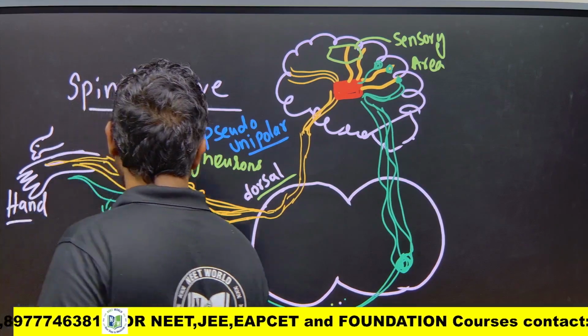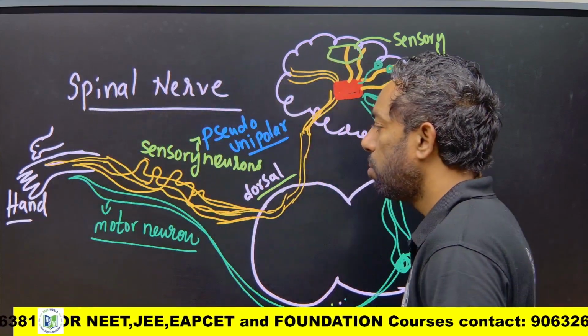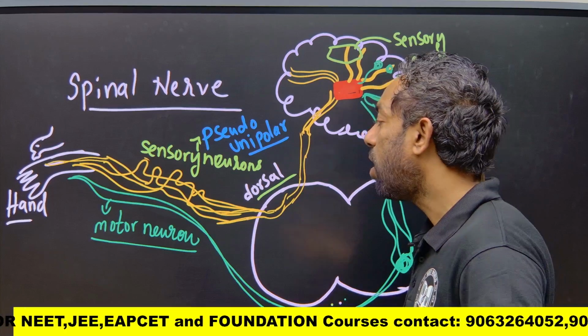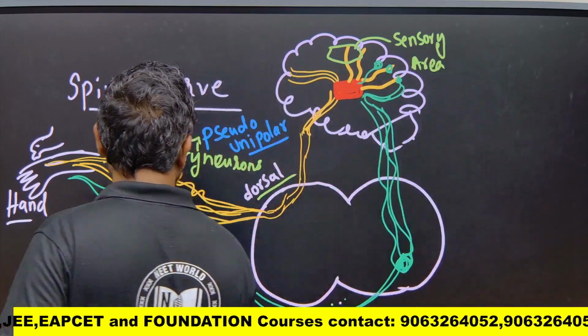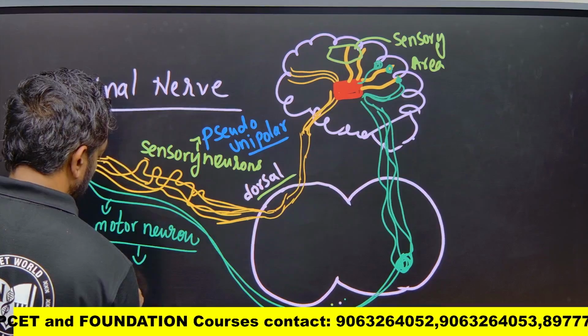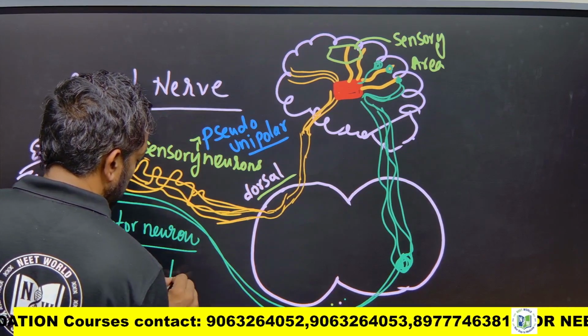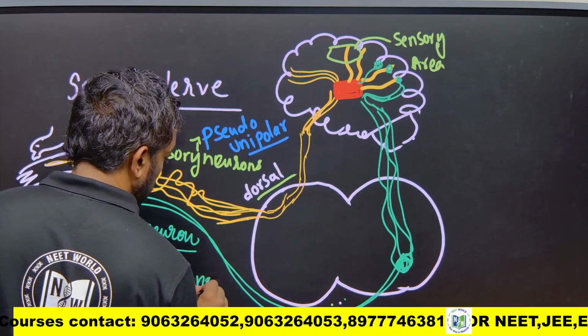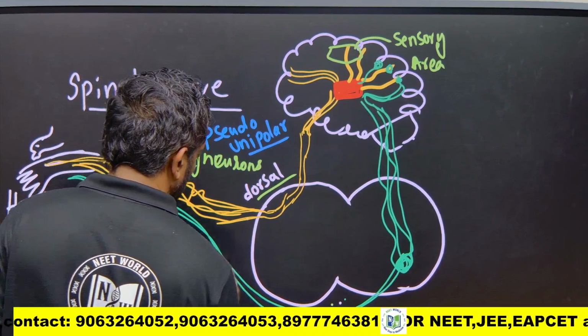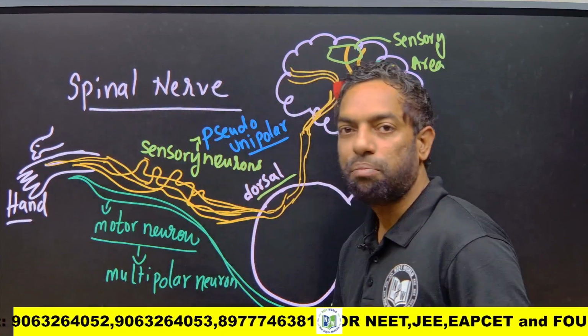This is the motor neuron. Motor neurons are multipolar neurons.